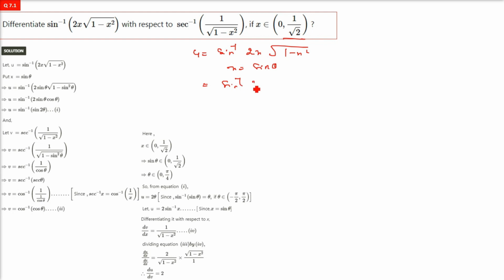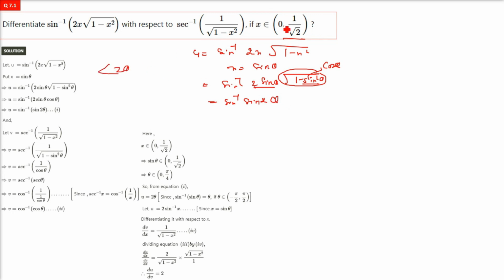So it will be sine inverse 2 sine theta, because x is sine theta, under root 1 minus sine square theta. 1 minus sine square theta is cos square theta. Under root cos square theta is cos theta. So you get 2 sine theta cos theta, and 2 sine theta cos theta is sine 2 theta.